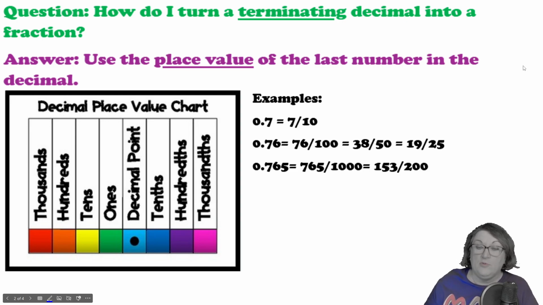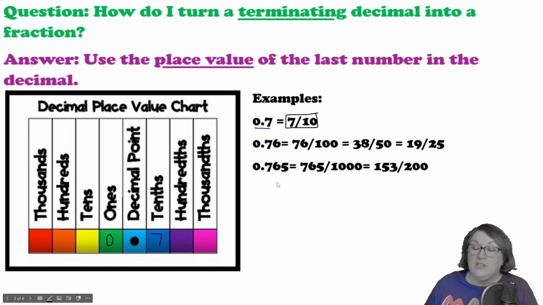Let's start with 0.7. In my decimal place value chart, the 0 would be in the ones position, then the decimal point, and then the tenths place is where the 7 goes. Since the 7 ends the decimal in the tenths place, placing the 7 over a 10 is how you would turn it into a fraction.